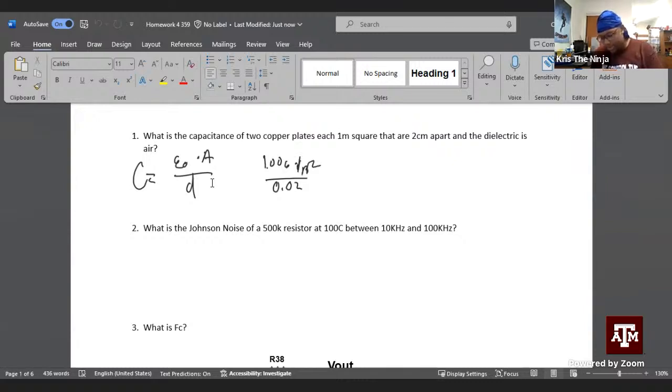Yeah, so that's it right there. Just throw it in the calculator. What about the electrostatic constant? I don't think I need that equation.